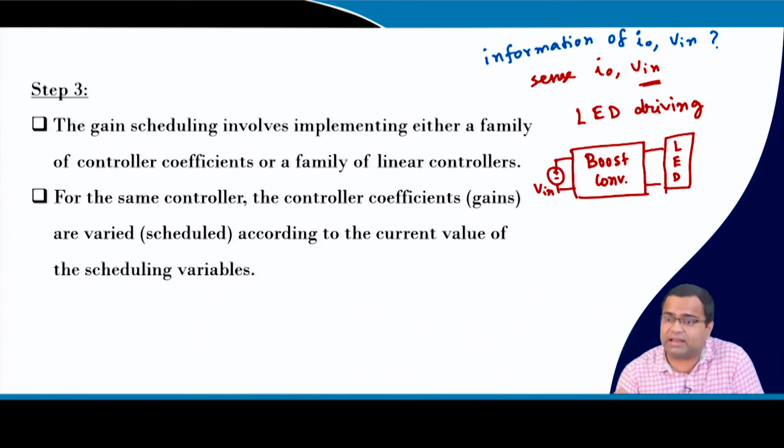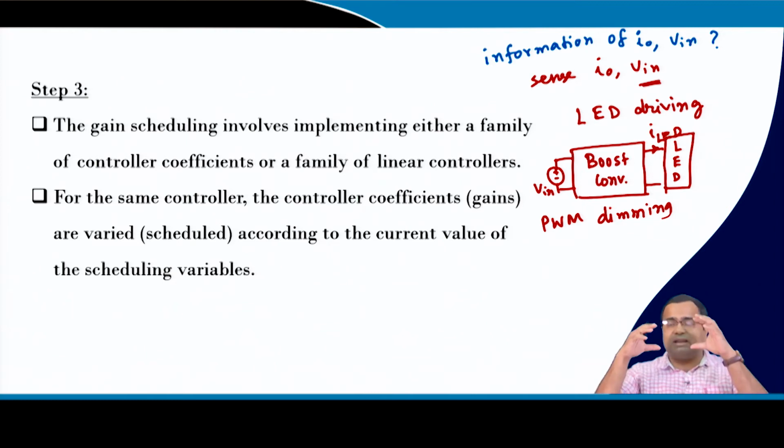Now, this is a dimmable LED, that means it is PWM dimming. That means the LED current which is going out will be either high or low, changing between its nominal value and zero, and depending upon the number of strings this value can change.